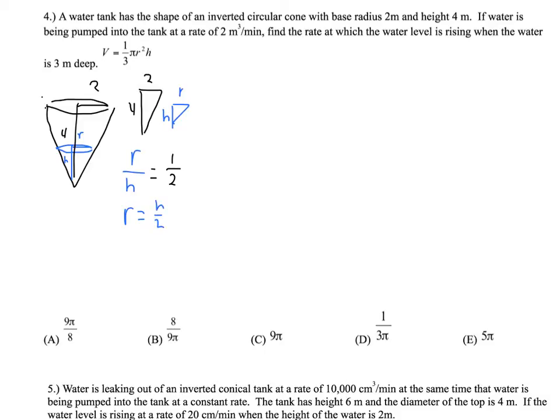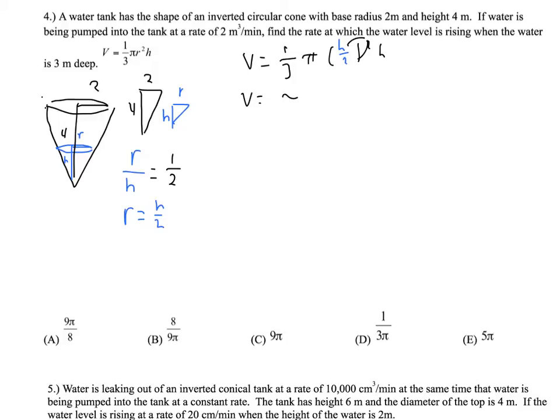Now when I want to use this volume formula, volume is equal to 1/3 pi r squared h, where I can put in h over 2 for r. Multiplying that out, the volume is equal to, well, when I square a fraction, I square the numerator and the denominator.